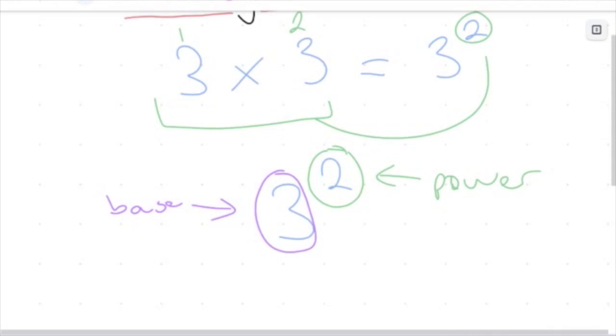Now, you may be noticing a bit of a pattern here, if you think back to multiplication. We talked about this in another video series, this idea of multiplication being an abbreviation for addition, a type of shorthand way of writing addition of the same number.